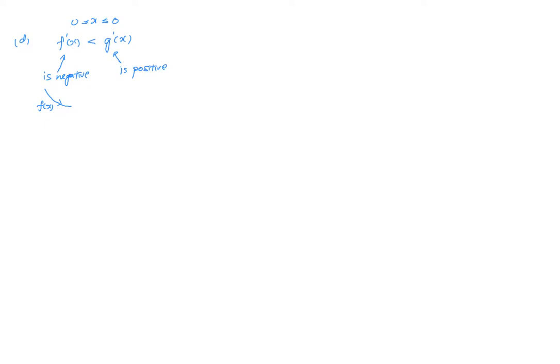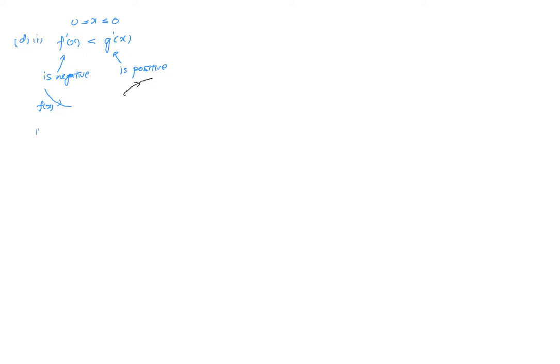Because the g prime x graph is going up like that. Correct? So definitely g prime positive is more than negative. Hello, class, you better back up with this part. Okay, that is the first part.